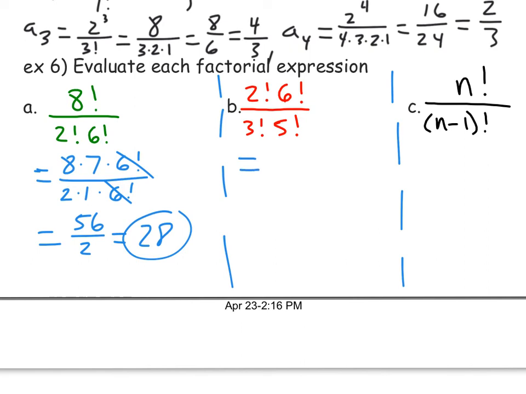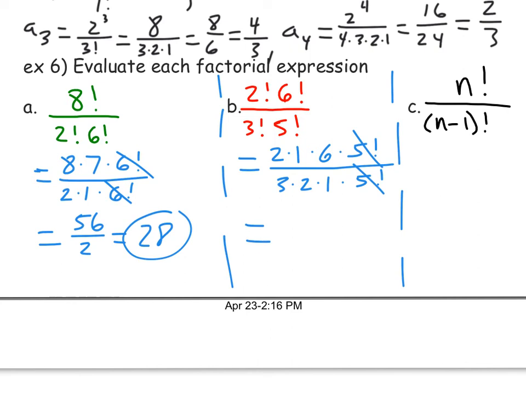Part B, I'm going to do the same thing. So 2 factorial is just 2 times 1. I could have just written that as 2 times 6. Notice how I'm going to stop at 5 factorial. The 3 factorial I'll write out, but I'll leave the 5 factorial because I know that's going to cancel with the top.